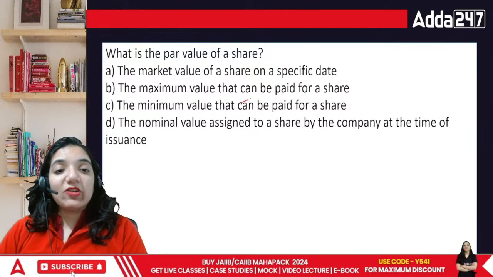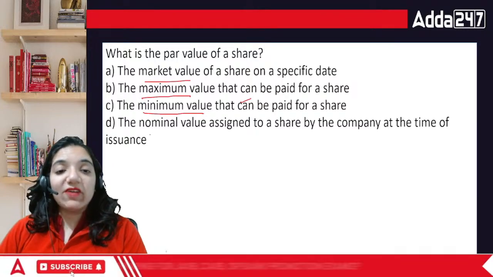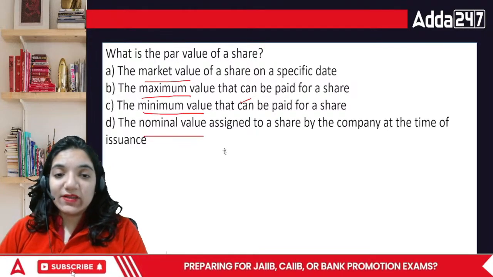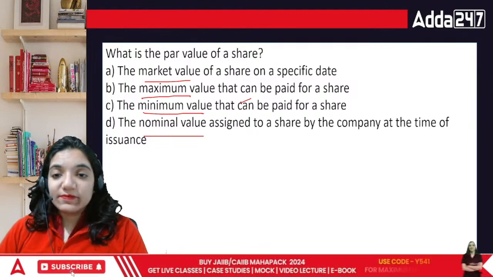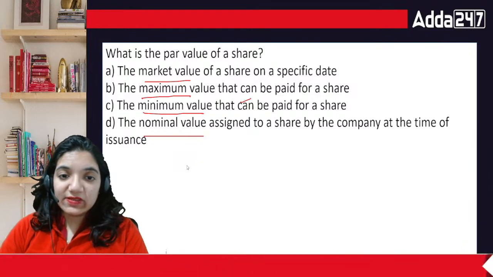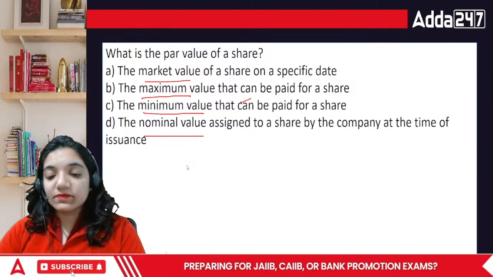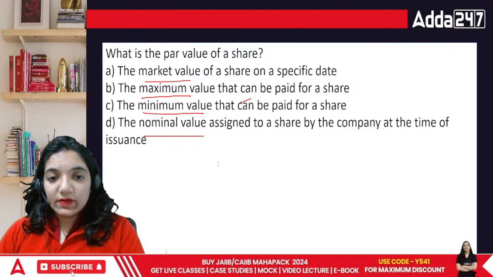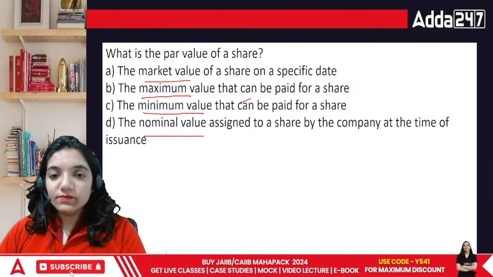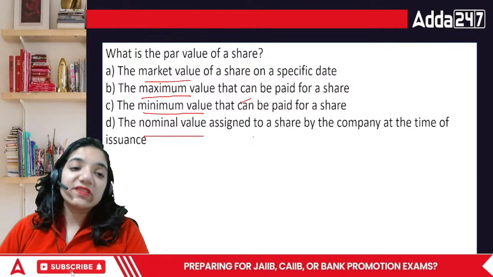What is the par value of the share, everyone? Is it the market value, maximum value, minimum value, or the nominal value? According to you, what is the amount? When we talk about the par value, this is the book value.